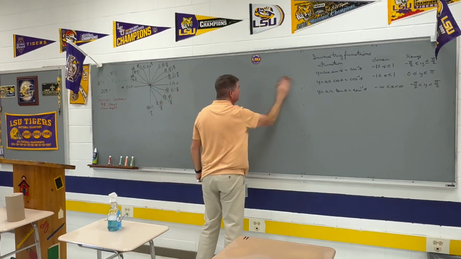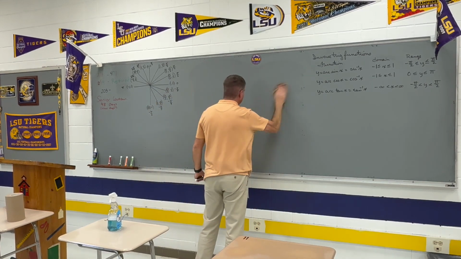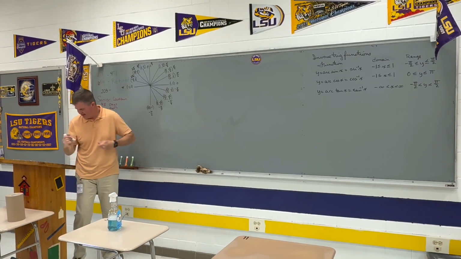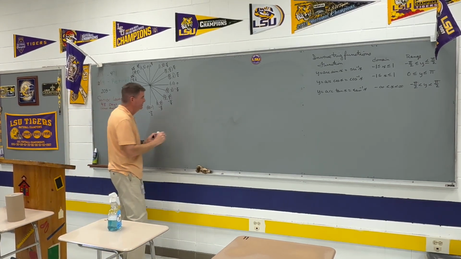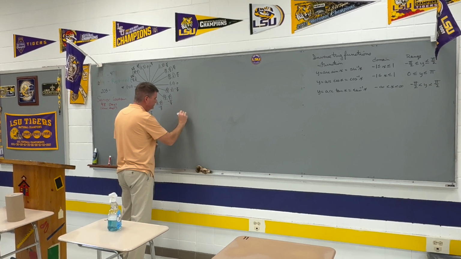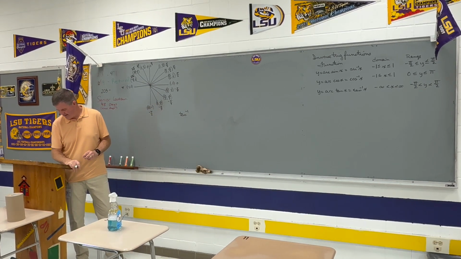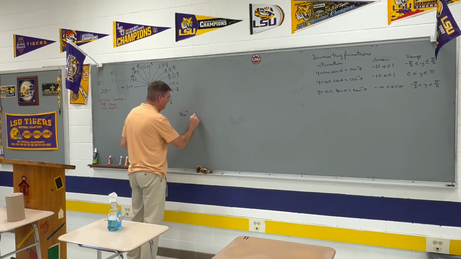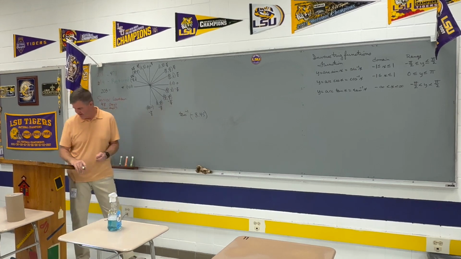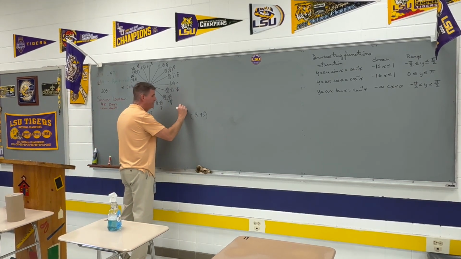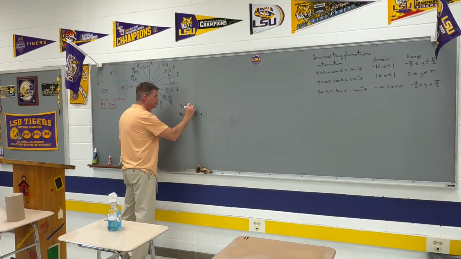For instance, the inverse tangent of negative 8.45. In our calculator, by the way, make sure it's in radians, because this is radians, it's not degrees.